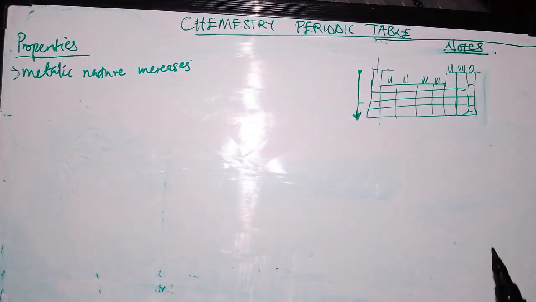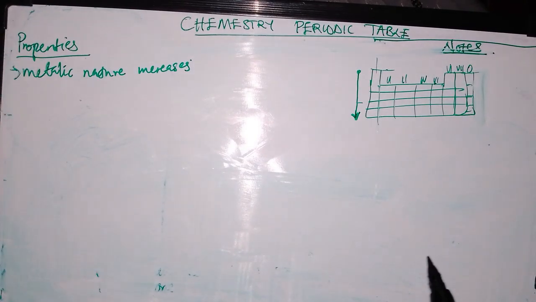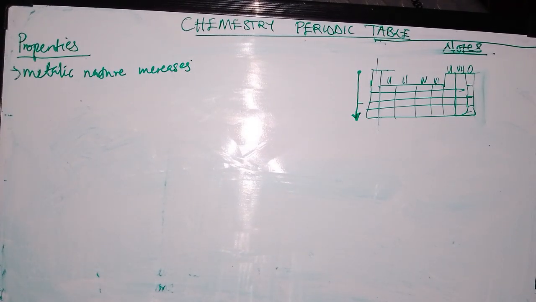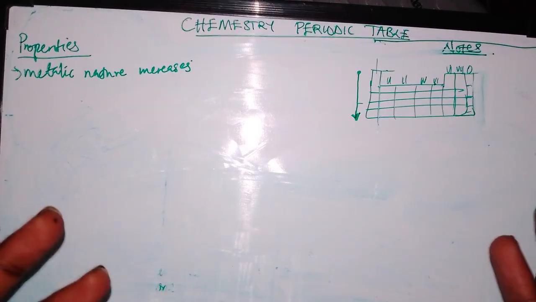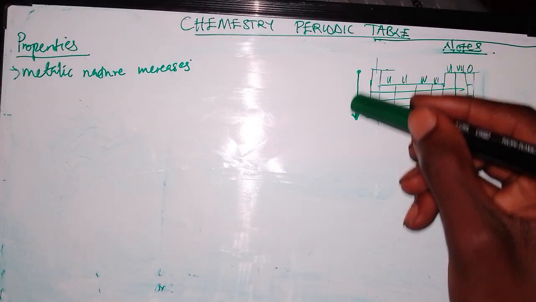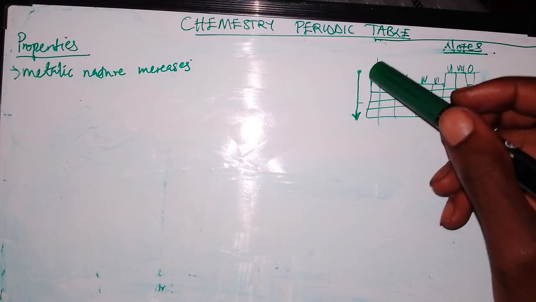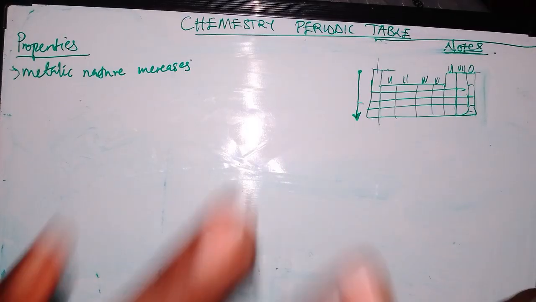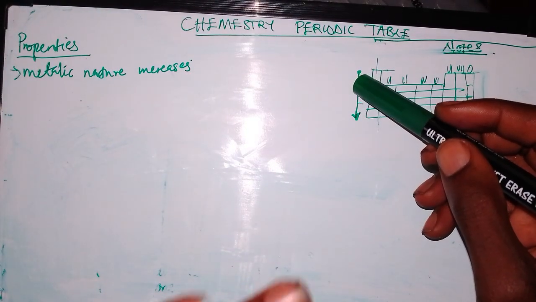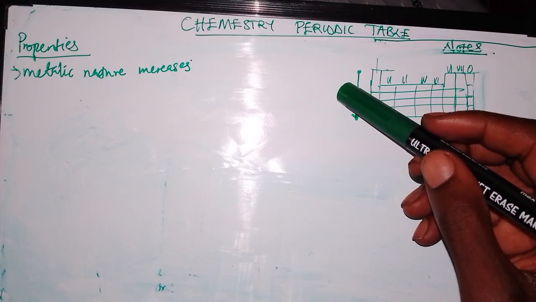What do you mean when you say the metallic nature increases? So the metallic nature, this is the ability of an element being a metal. So as you are moving down the group, the metals keep on what? Becoming hard. We know that the metal which is on top is soft. The more you are going down, that softness starts to become the hardness.